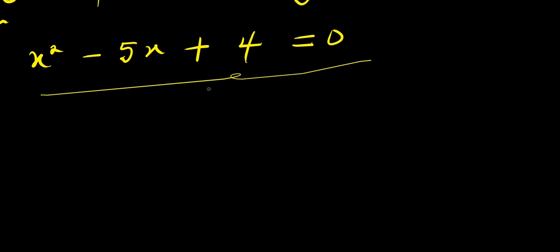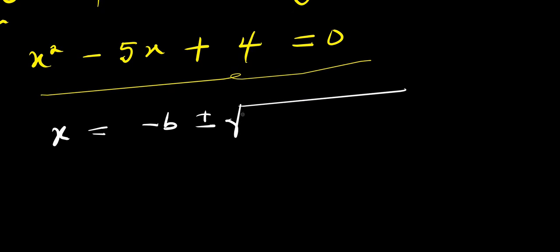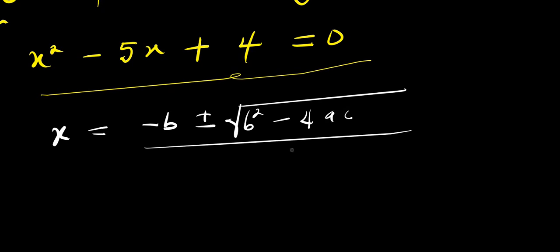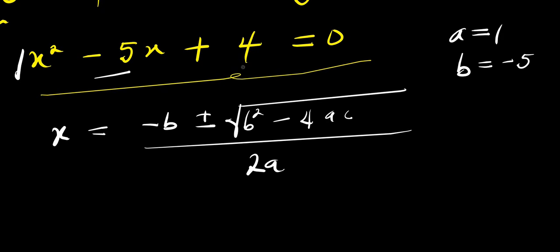So let's solve this using the formula method. We have x equals negative b plus or minus square root of b squared minus 4ac, divided by 2a. The coefficient of x squared here is 1, that is our a. The coefficient of x here is negative 5, that is my b. And 4 is my c.